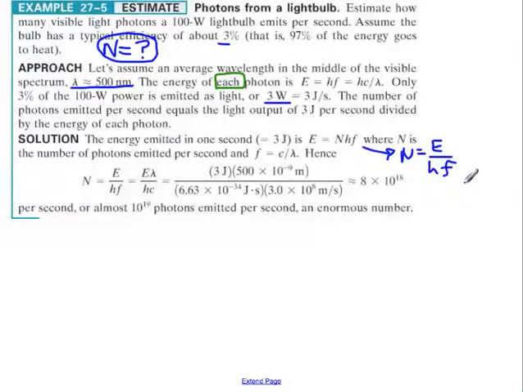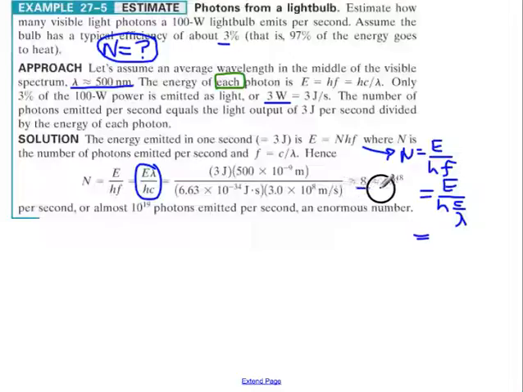And we said F is C divided by lambda, so that's going to be E over H, and then down here we're going to have C divided by lambda. So then that lambda is going to get flipped up, right? So the lambda got flipped up to the top. We plug in and we get a number.